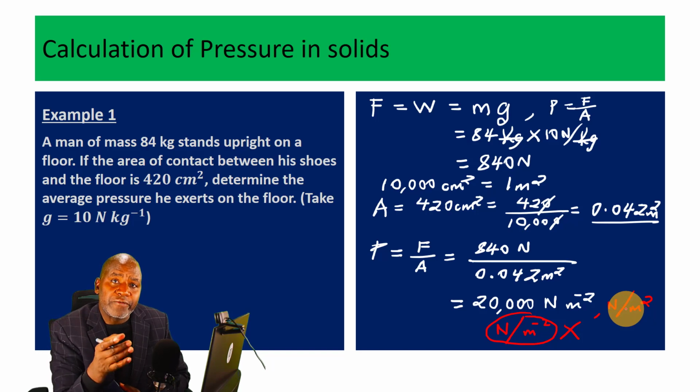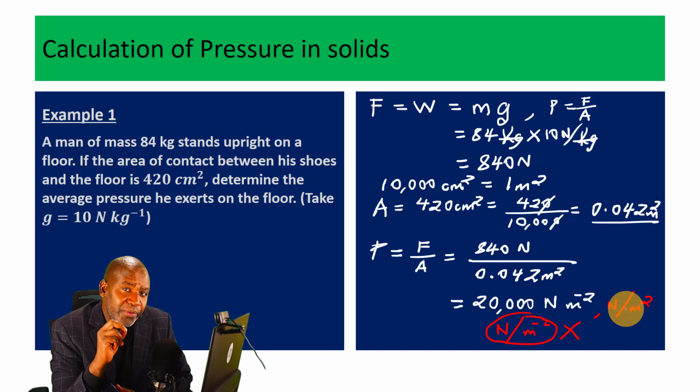Another thing that you will find in your textbook is that pressure can be measured in newtons per meter squared, pascals. It can also be measured in millimeters of mercury, centimeters of mercury, or even atmospheres.